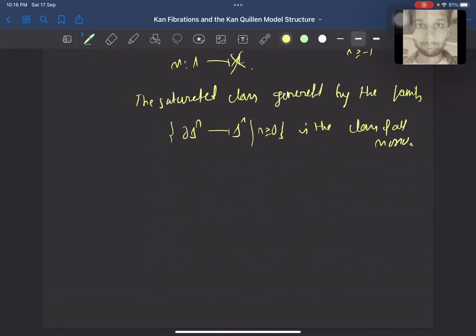Now I will give a definition of anodyne extensions. Although equivalent, it is a bit different from the way Cisinski does it, but this is the one that I prefer.